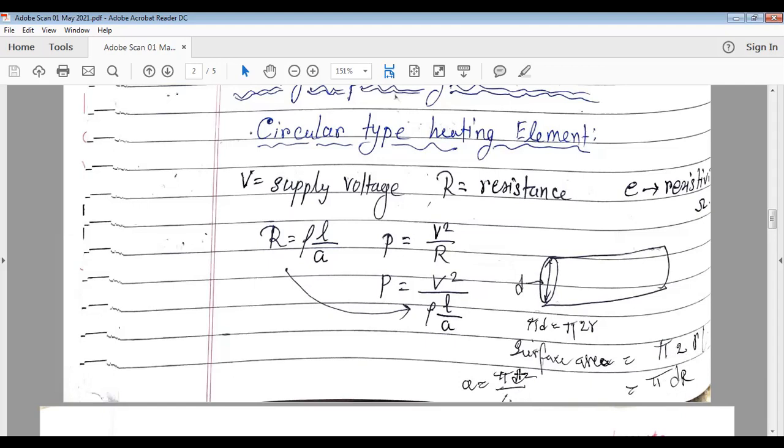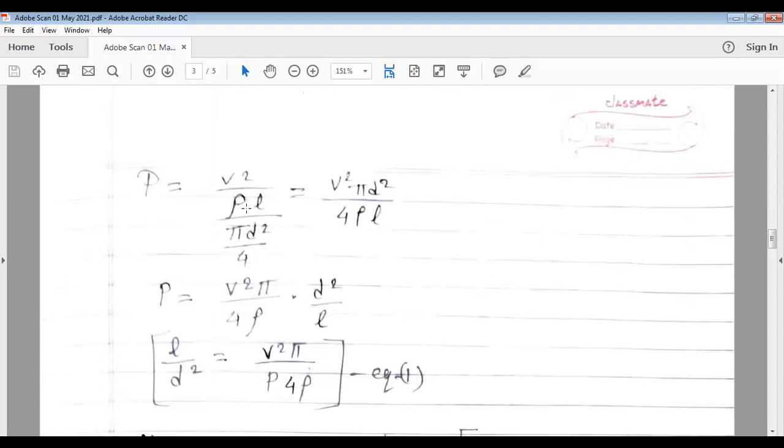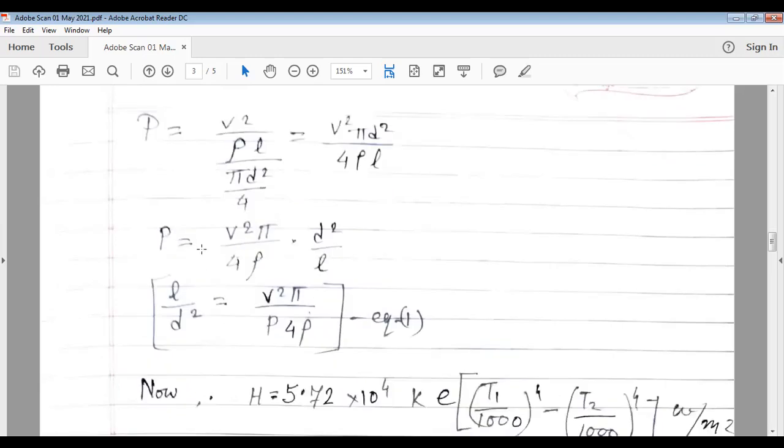So this is our formula, and we can put it in: P is V square by rho into L by pi D square by 4. The pi D square comes to the upper side, giving 4 rho L, and ultimately we get P equals V square into pi by 4 into rho into D square by L. This D square by L comes separately, but it is in multiplication form.